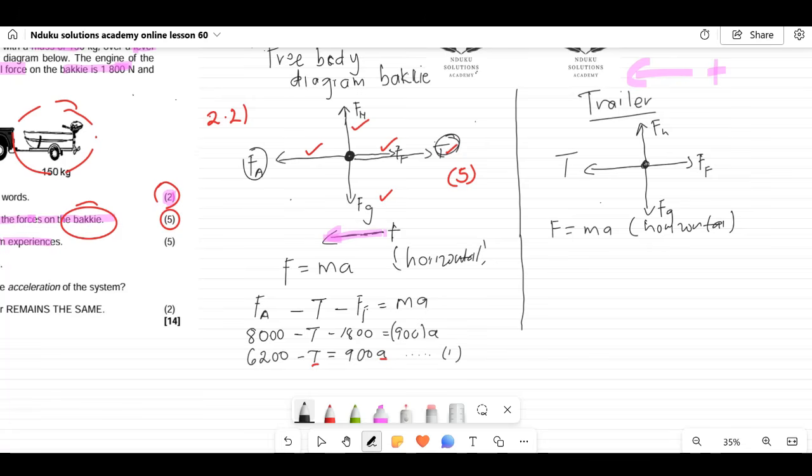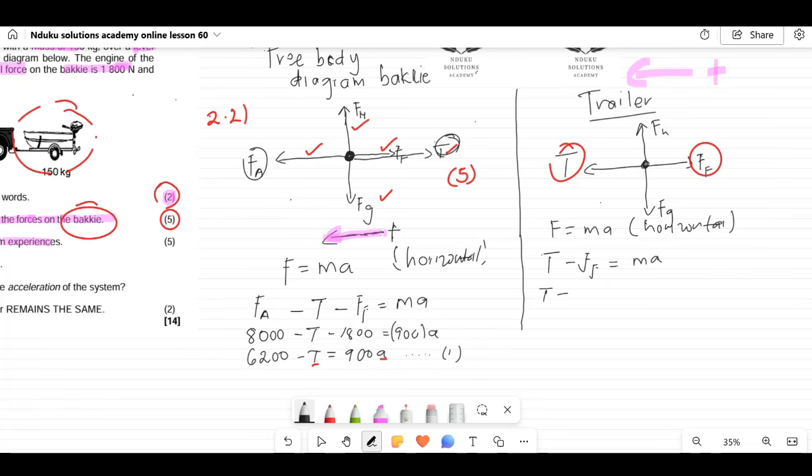So we start with the tension, positive, minus the frictional force is equal to ma, because these are the only two forces, and this is pointing to the right hand side, so it's negative. Then let's substitute, because we don't know the value of T. So T minus, we were given that the frictional force on the trailer was actually 300.